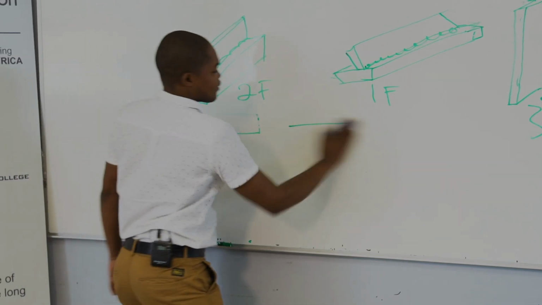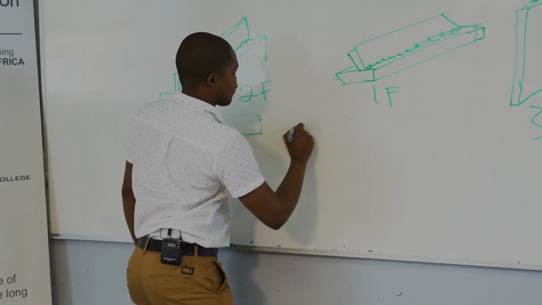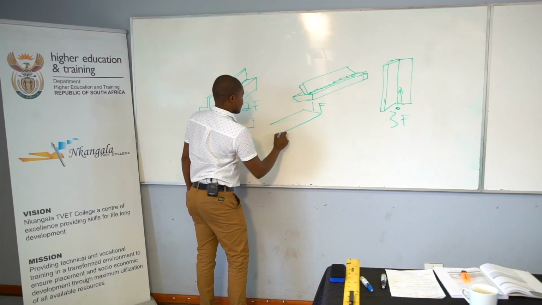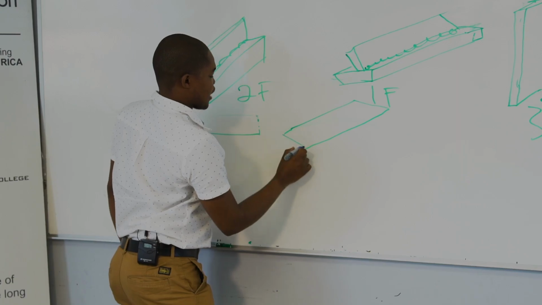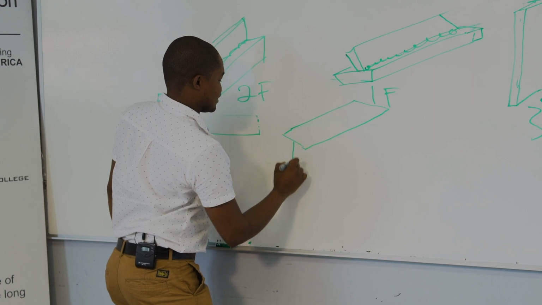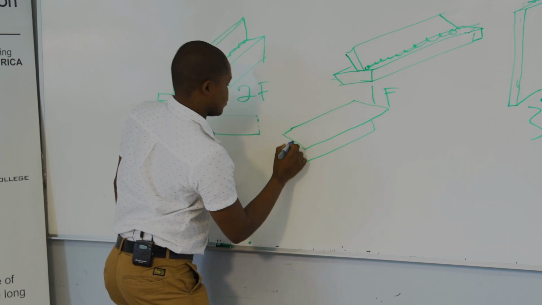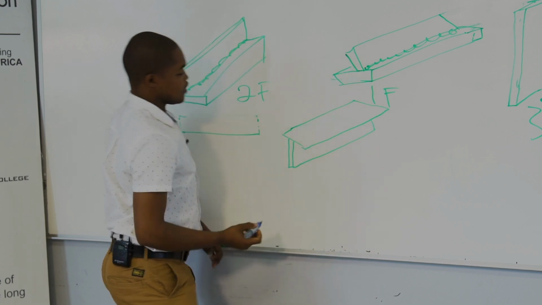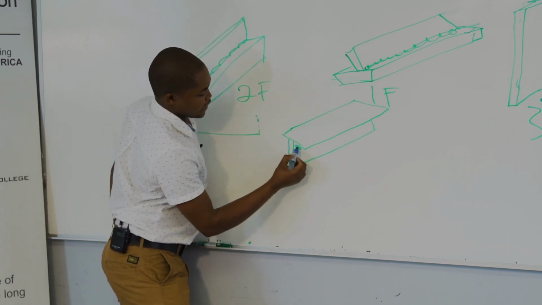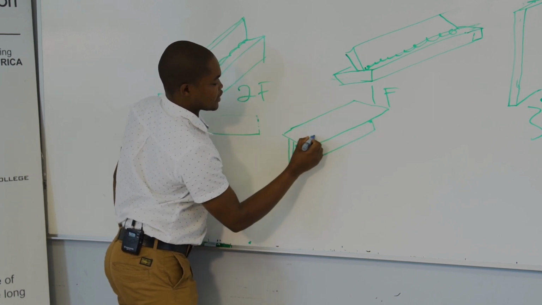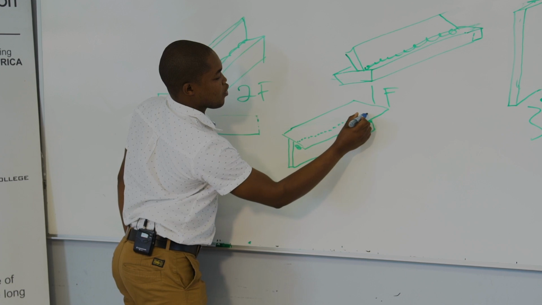When you look at this type of welding, you're going to weld from above your head. It's going to be in this way. You're going to weld either from this side or this side, above your head. So in hidden details, this is going to be your welding.